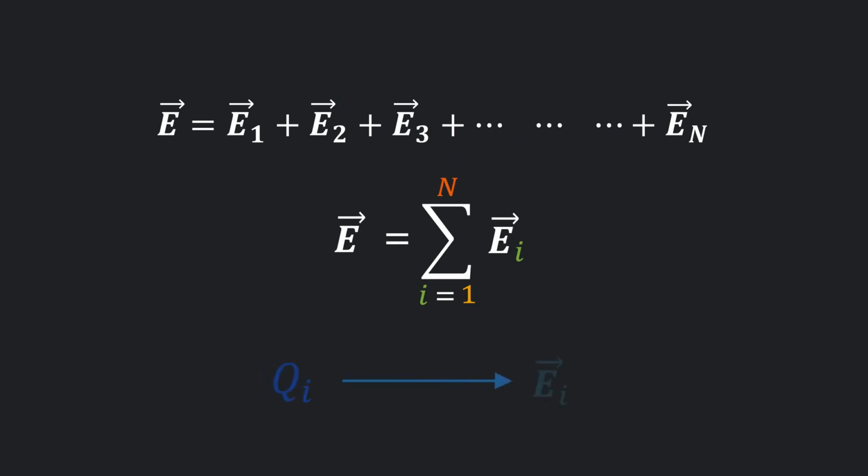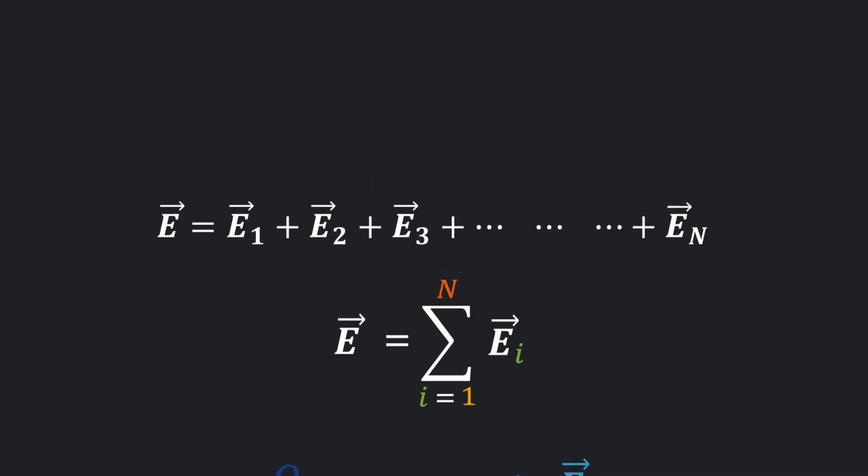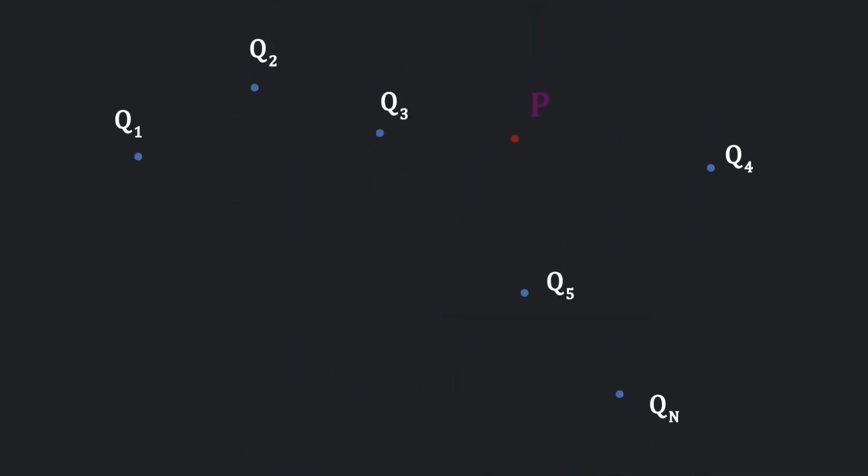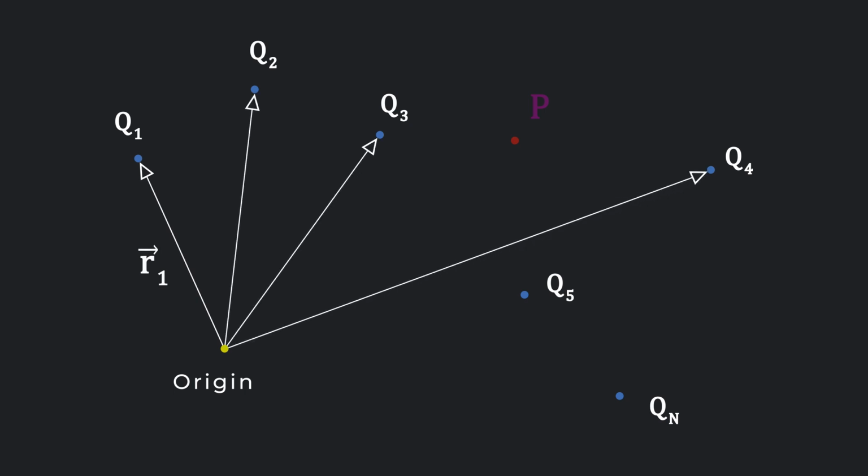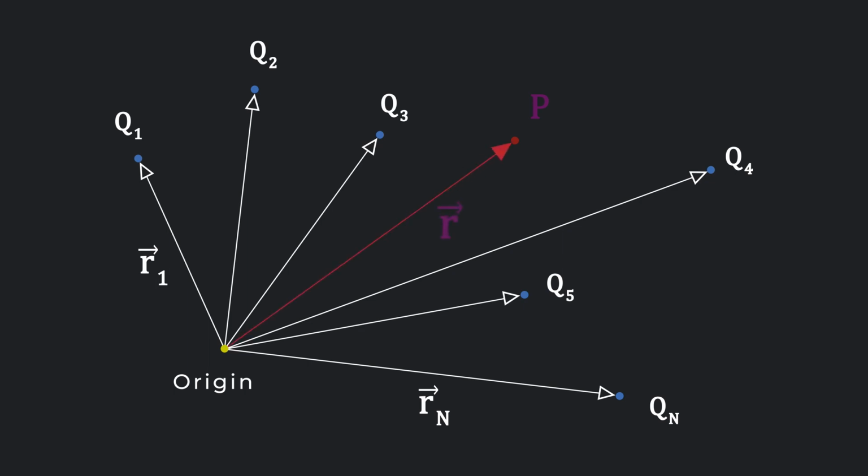Here Ei is the field generated by the charge Qi when all other charges are removed. Let's say r1, r2, r3 and so on be the position vectors of the charges Q1, Q2, Q3 and so on respectively. Then the field at point P having the position vector r will be given by this expression.